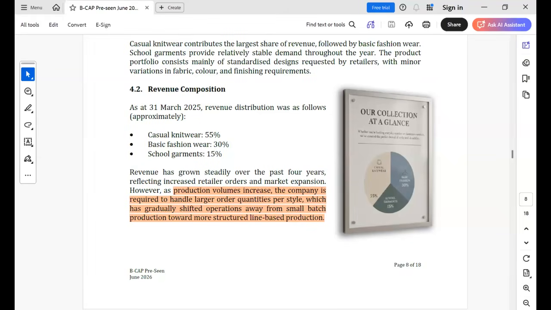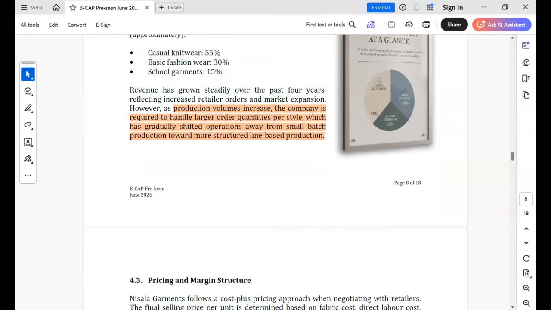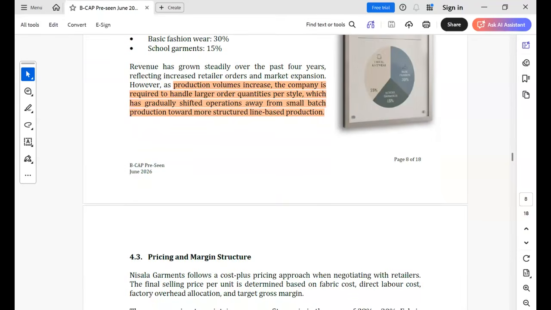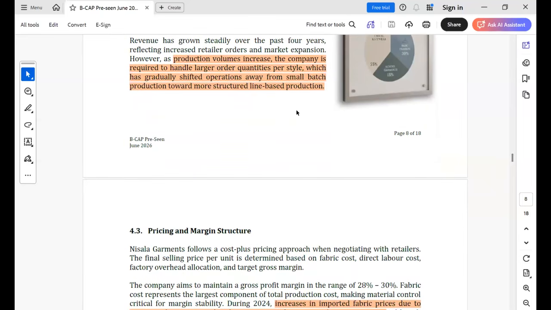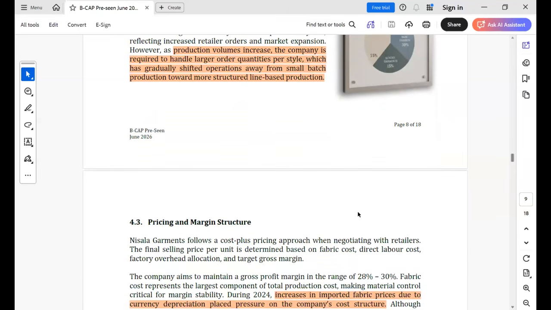So production flow rearrangement is very important. Otherwise, there can be congestion among the departments. So these are practical cases that you can take into consideration.